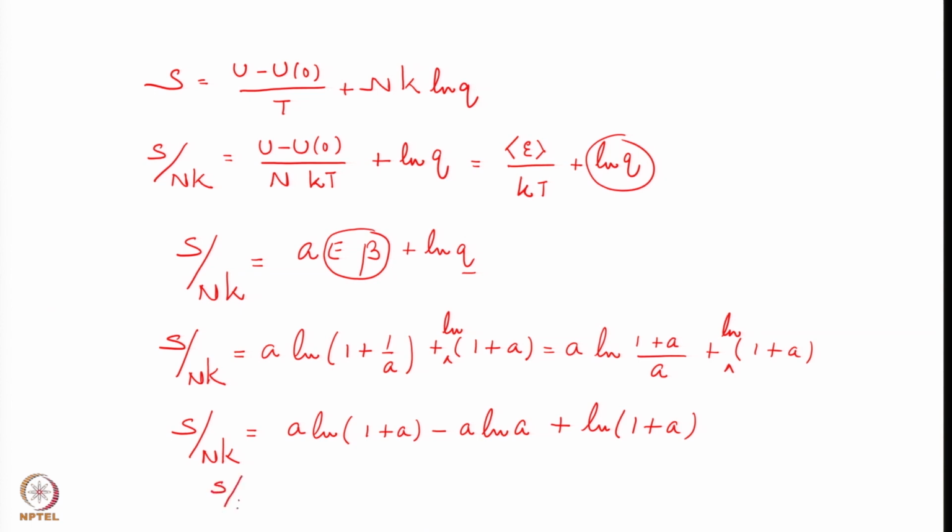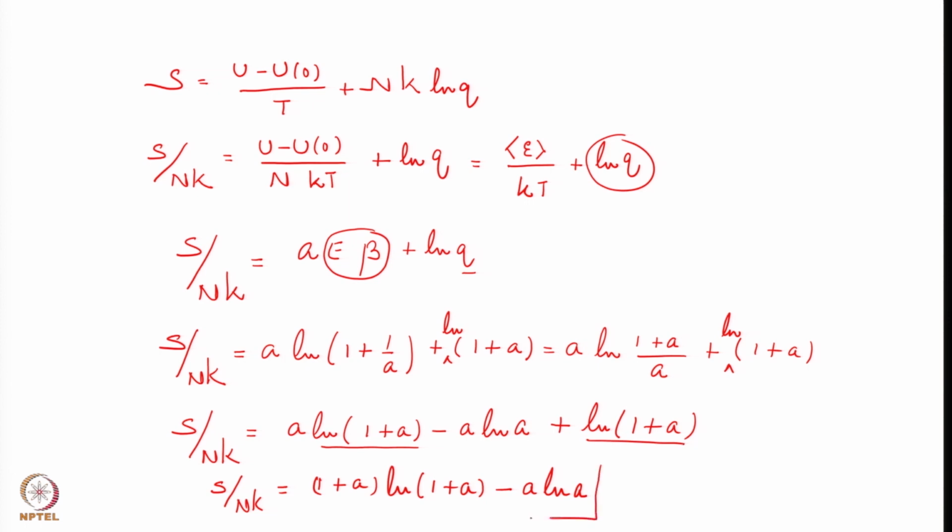Going further, in S by Nk, I can take log 1 plus A as common, and then it will be 1 plus A. So 1 plus A log 1 plus A minus A log A. I have taken log 1 plus A common.